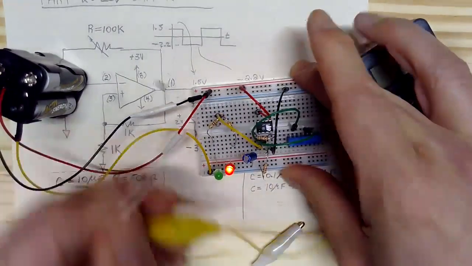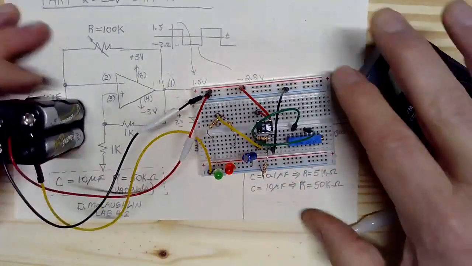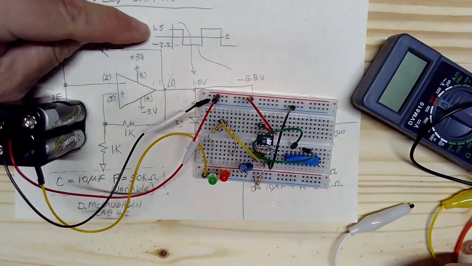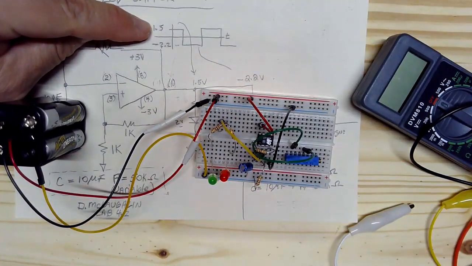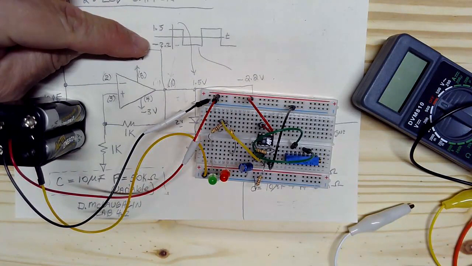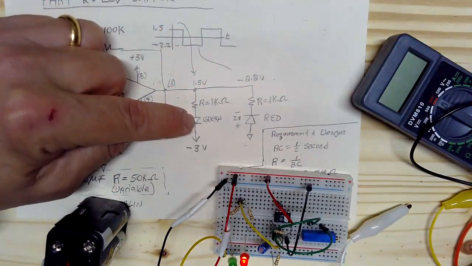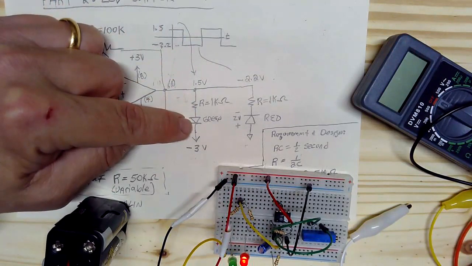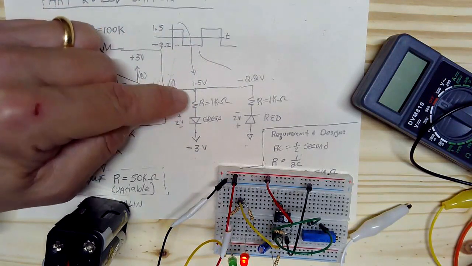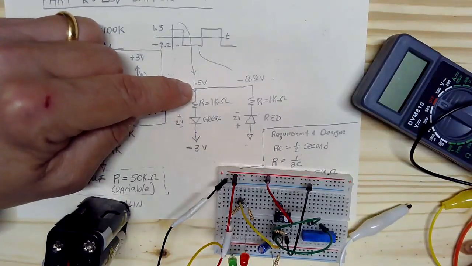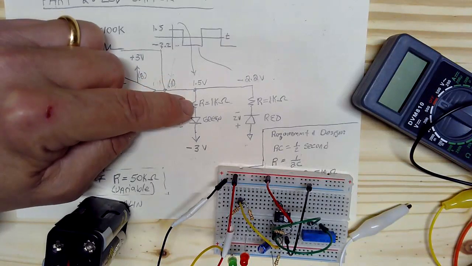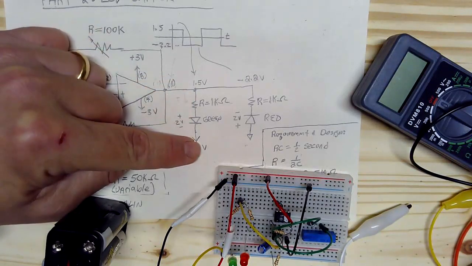So what's happening here in the circuit is that the output voltage is swinging between 1.57 and minus 2.2. And when it's high, that's when we're trying to drive the green LED. Right now it's configured 1.5 volts through a resistor, green LED, and then to ground.